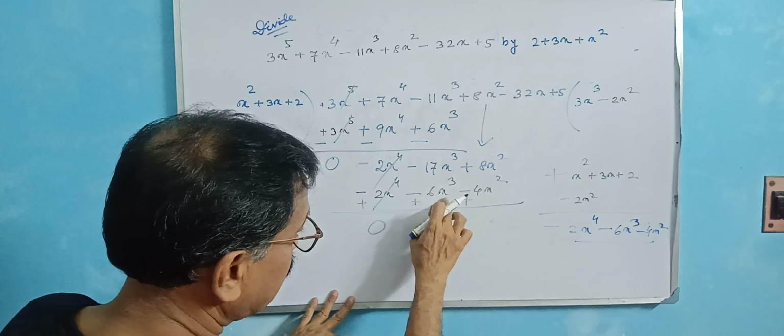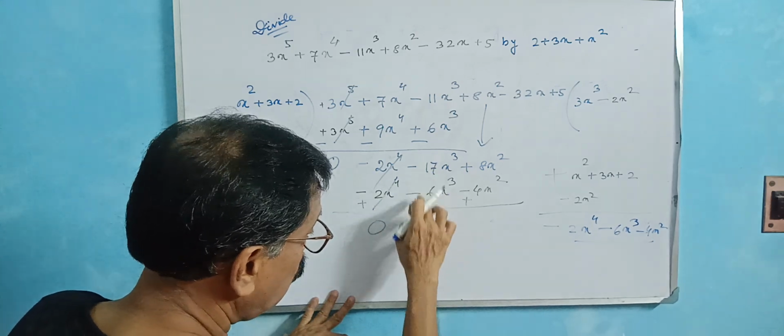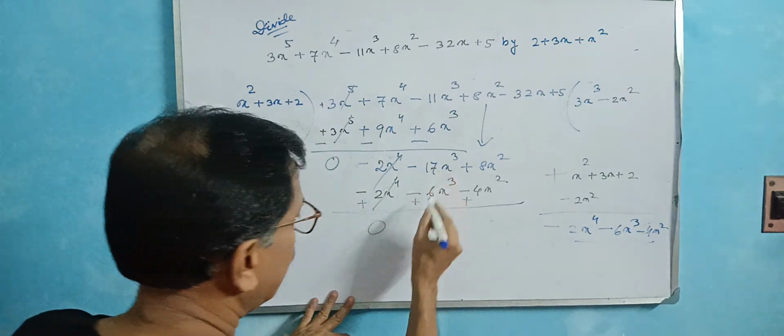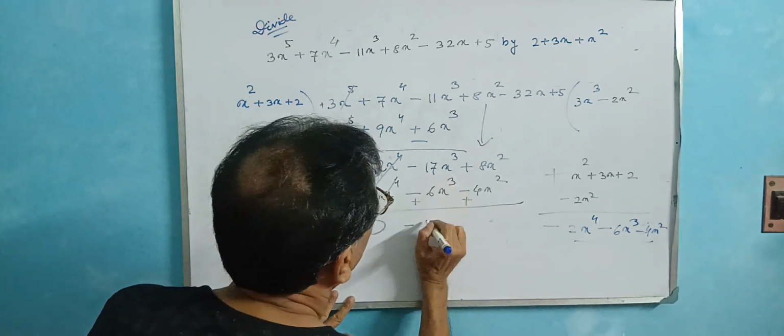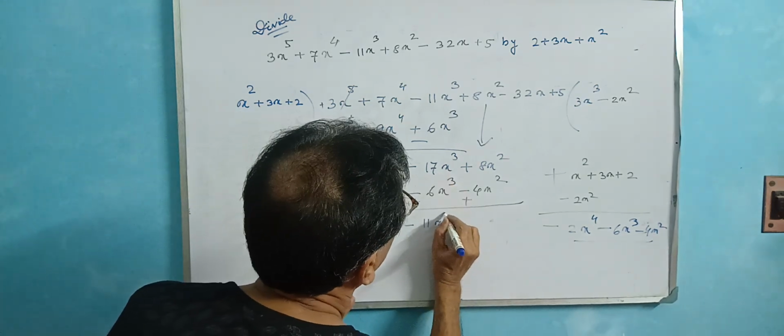Now what is the sign of 6x cube? Not minus, plus, so opposite sign and 17 is greater, so minus sign: 17 minus 6 is 11x cube.